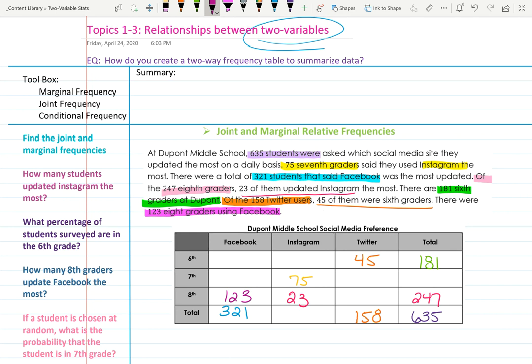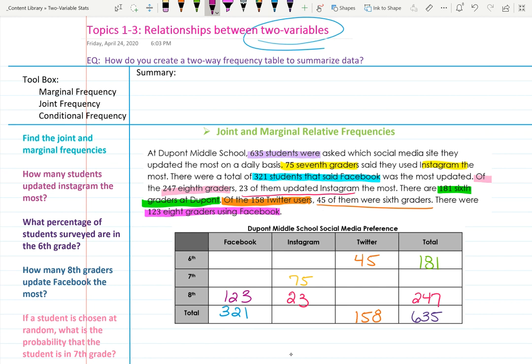Well, when I look at my rows and columns, which ones are only missing one piece of information? Those will be the easiest to fill in first. So if I look at my bottom row, I know the grand total is 635.